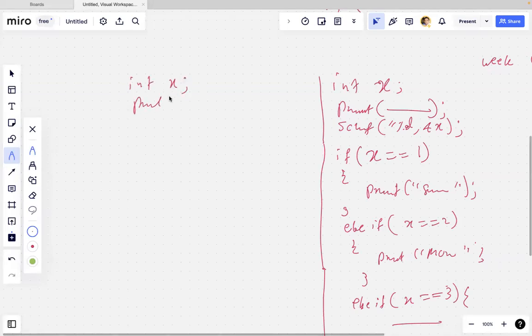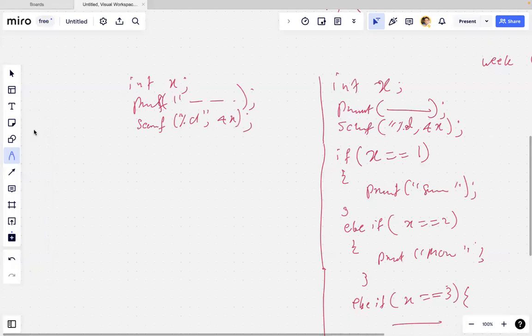After that, you can ask the user to enter a value, likewise printf enter value, then scanf with %d and x. Now here you wrote the if-else ladder, and here you have to write the switch case statement. How to write the switch case statement? First, you have to provide the variable to be switched, that means the variable to be checked for the value. Here the variable is x. Therefore, you have to provide the keyword called switch.